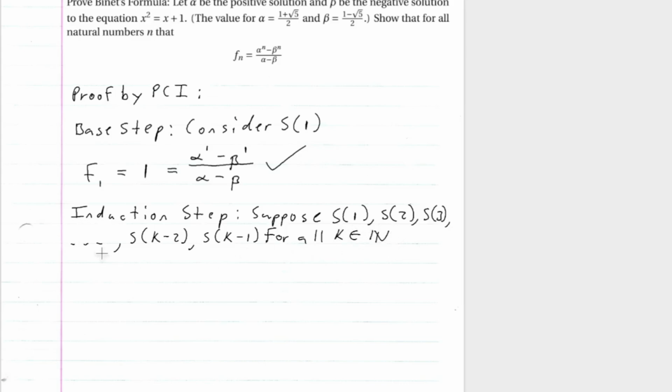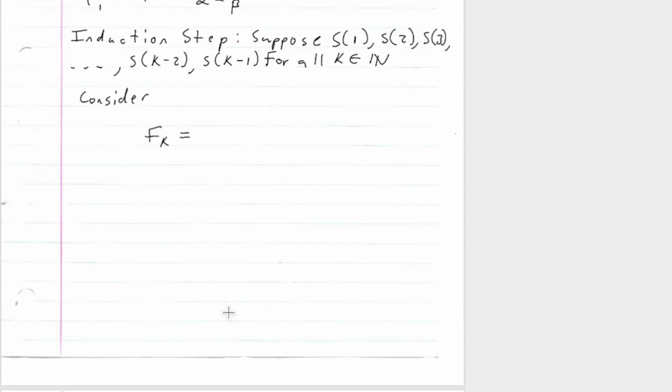Okay, so now we're going to consider the kth Fibonacci number, right? Okay, well, we know the Fibonacci numbers are defined by the sum of the two previous terms. So this is going to be F(k minus 1) plus the (k minus 2) Fibonacci number.